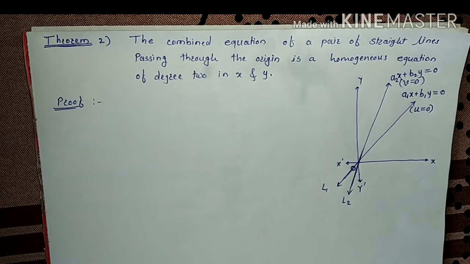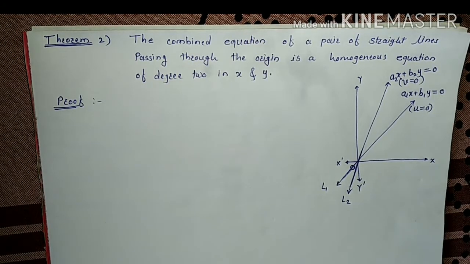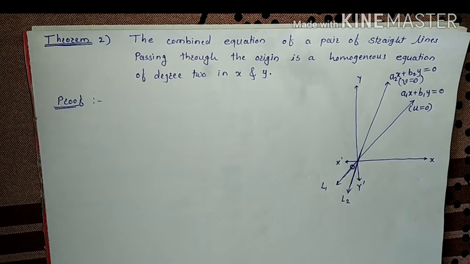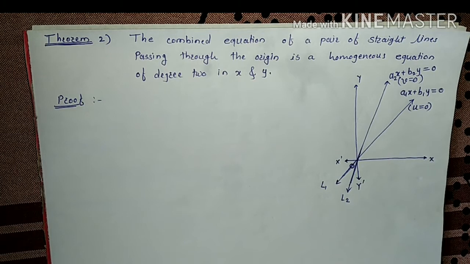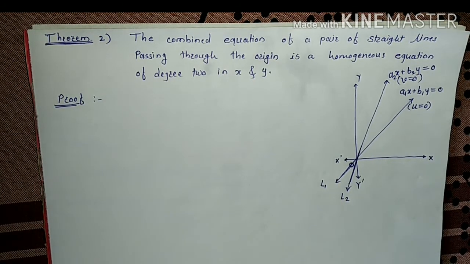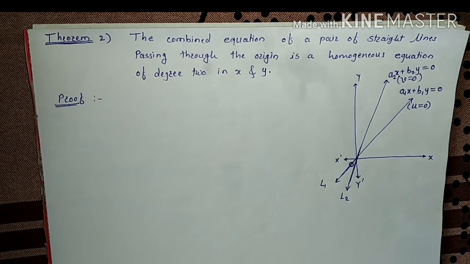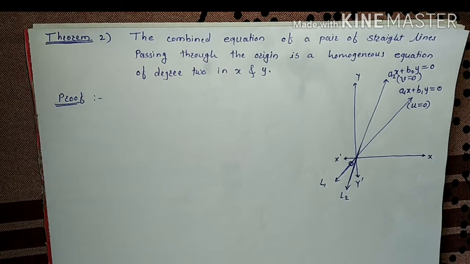Now let's discuss theorem number 2 of this topic. This theorem states that whenever we find the combined equation of two lines which are passing through origin, the resulting equation is always a homogeneous equation of degree 2 in x and y.